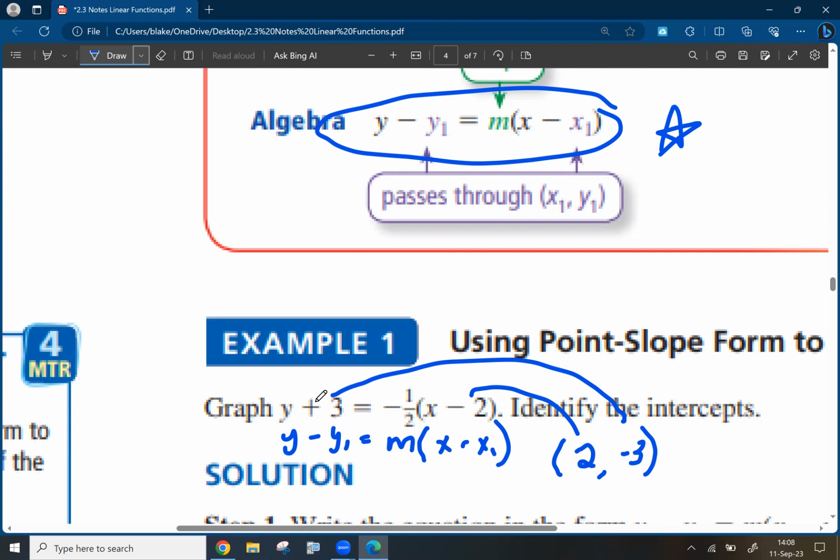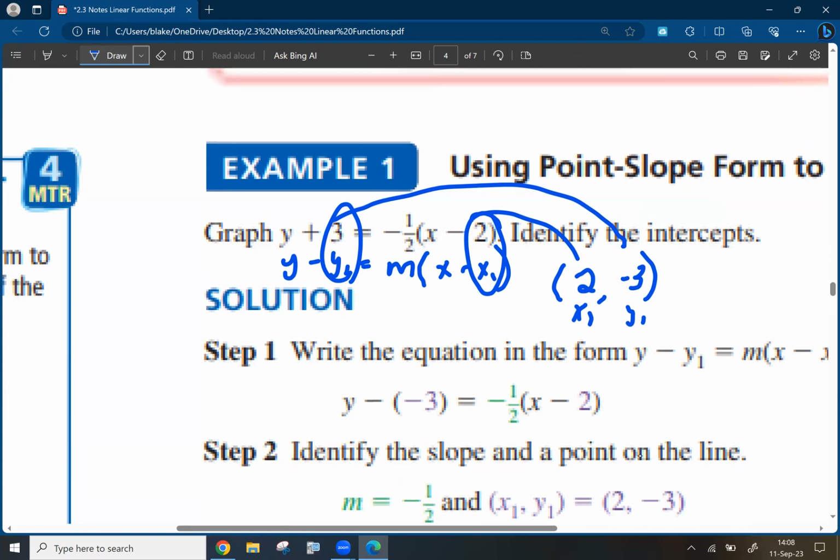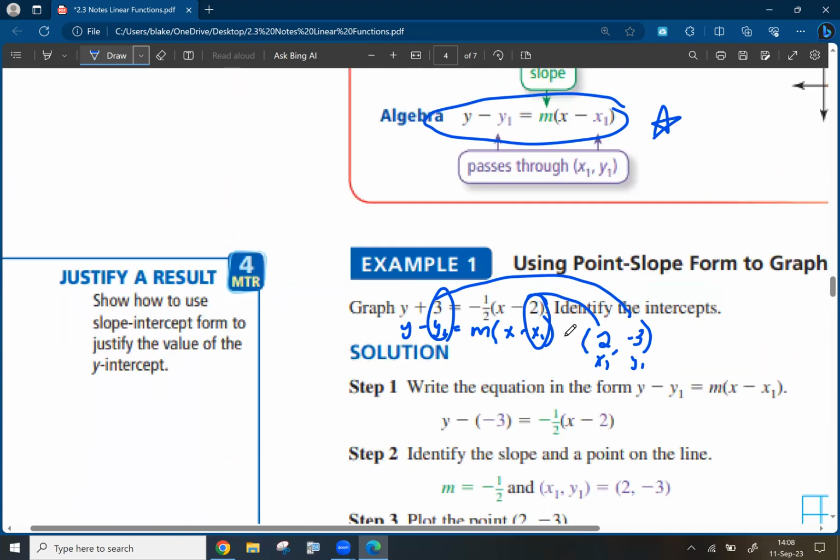So when I see this plus 3, I know that must mean that we plugged in a negative 3, because that's how the sign changed from a minus to a plus. So that's why I have the y value as a negative 3. Of course, it should go without saying that the x1 value is your x, and the y1 value is your y. So it's 2, negative 3, not negative 3, 2. All right, and then of course, the slope here is negative 1/2.